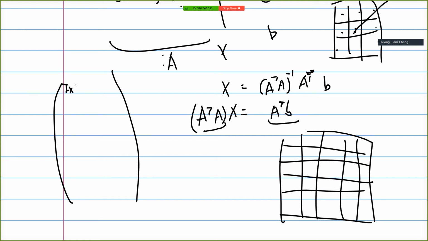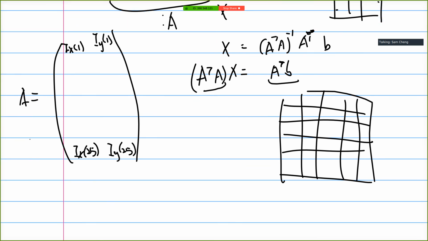So maybe I just call it Ix1 up to Ix25, and this is Iy1 up to Iy25 here. And this is A. So then A transpose is flipping that, right? So it's Ix1 up to Ix25 and Iy1 up to Iy25.